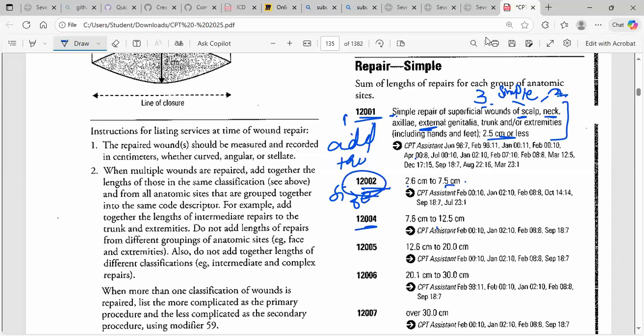So these codes are based on the total length, instead of how many repairs have been done. So if there are two repairs of the same classification, same type, then we have to add the size instead of billing that twice.